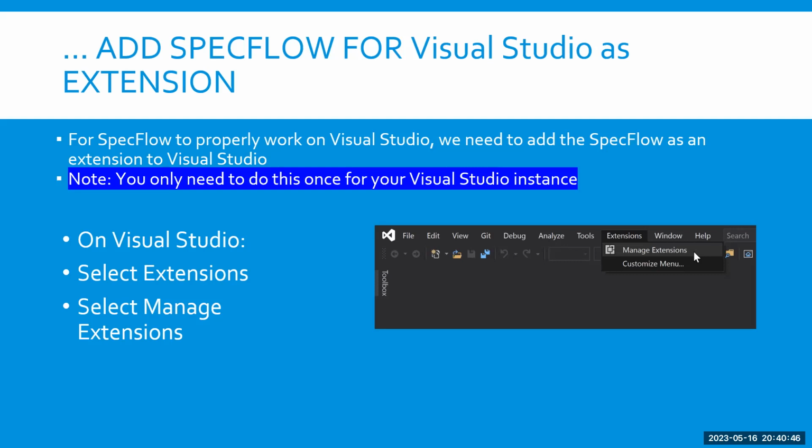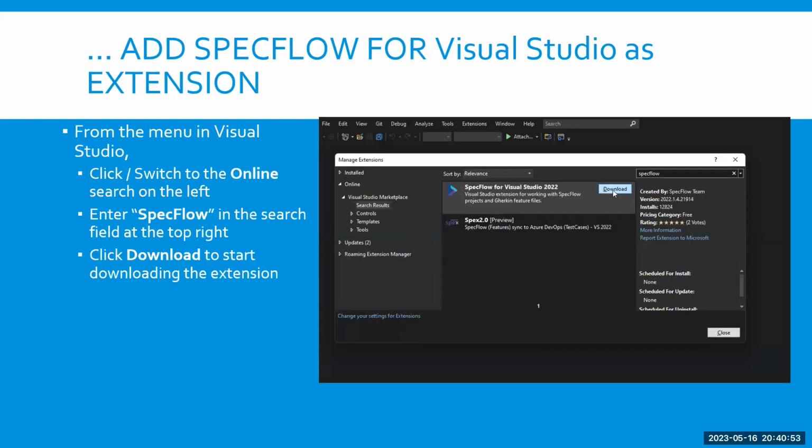And you can see on Visual Studio, you need to select Extensions as one of the menus, and you need to select Manage Extensions. When you select that, you see this particular screen. For Visual Studio 2022, you might have additional things added, because the more they update Visual Studio 2022, the more things you see on the screen. But what you need to do is, you will see on the screen, on the left you have Installed, Online, Visual Studio Marketplace, which is fine.